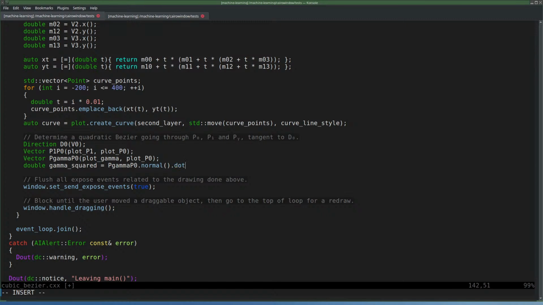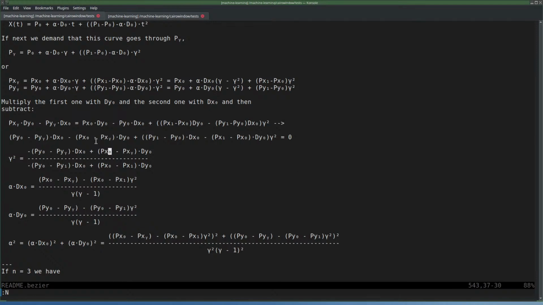And then the dot product with D0, divided by, so now we go from 1 to 0, also with the D0 dot product.